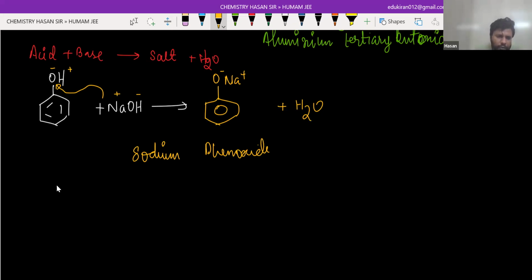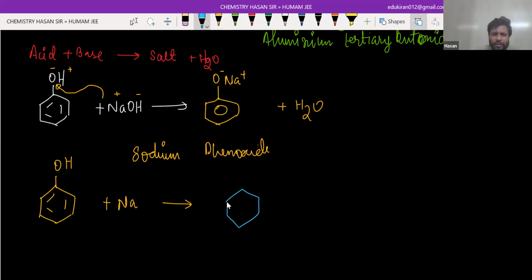Yes. Now, basically alcohol and phenol react in the same manner for acidity. If you are going to react this with Na, that means metal, you know what will form. Very simple it is. This is your phenol. So O negative is there, Na positive is there, and this is your sodium phenoxide, and hydrogen gas will be evolved. In order to balance it, you can multiply it by 2, and here the product will also be 2.